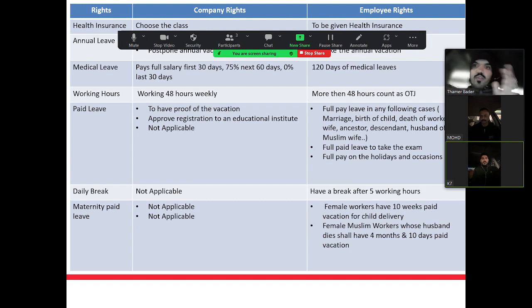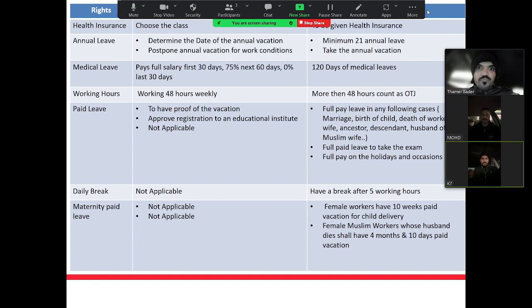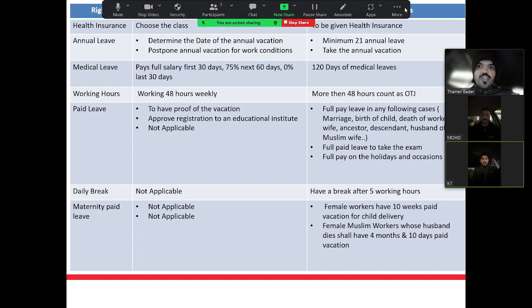Okay, here we'll talk about rights for both parties, company and employee rights. First, health insurance.